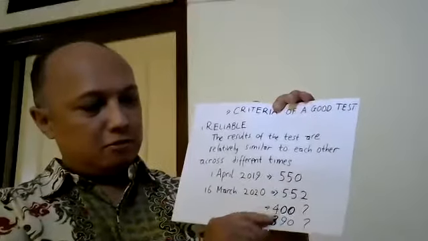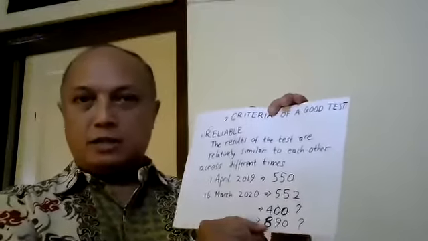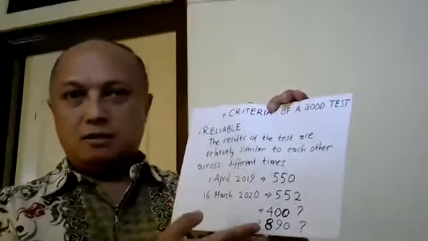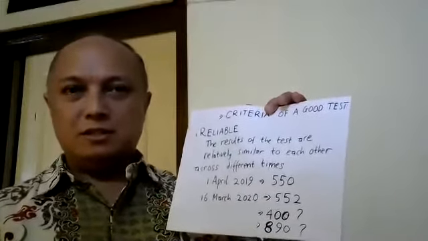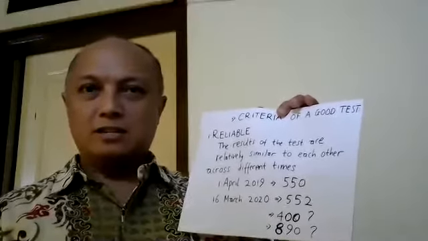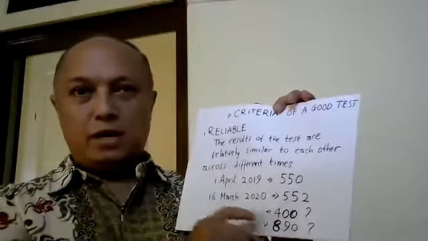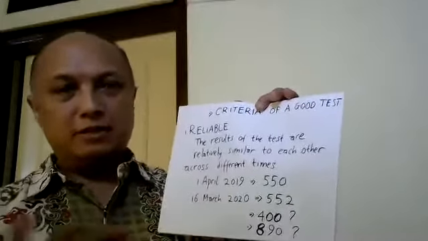Or say he scores 890, which is suddenly high, only within several months. That's also suspicious. We can suspect that the test is not reliable because the scores vary widely from one time to another. Okay, that's reliable.